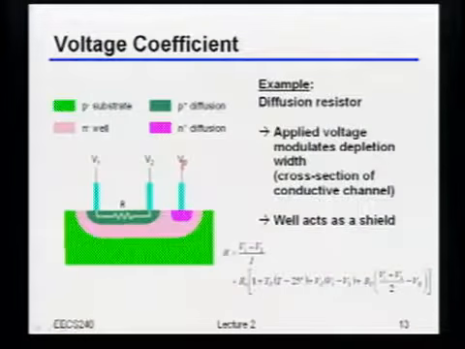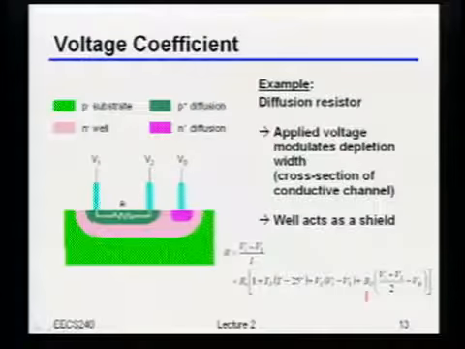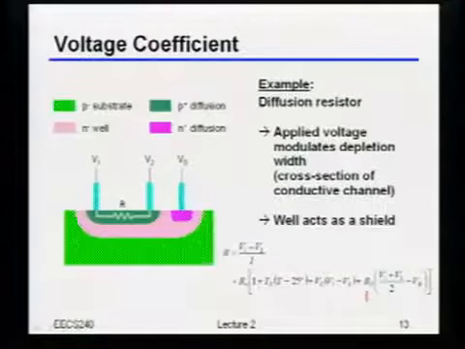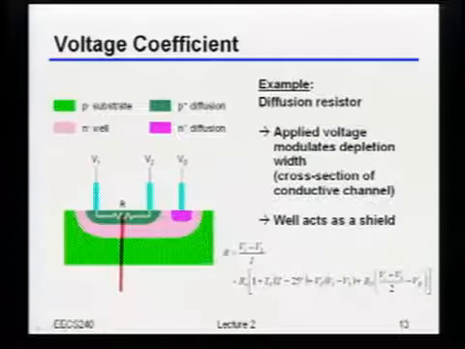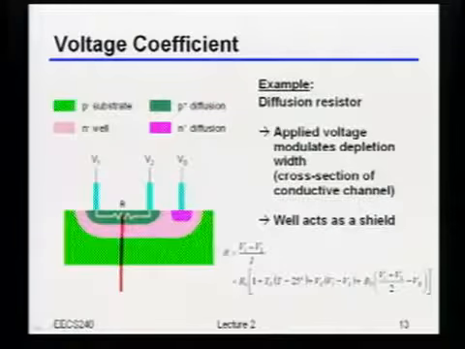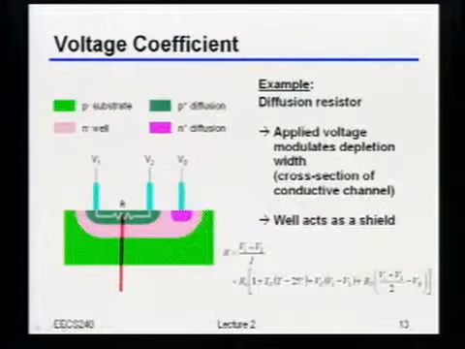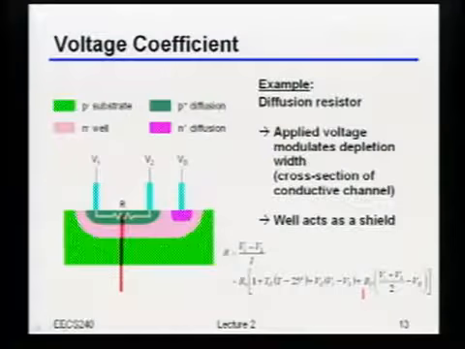Okay? So that BC over here is the so-called body voltage coefficient. The way that's calculated is you take the center point, or sometimes people call that the common mode, and you look at how the center point moves relative to the body voltage. That's what this BC is telling you about. Okay? This makes sense to everybody? Clear where this came from?